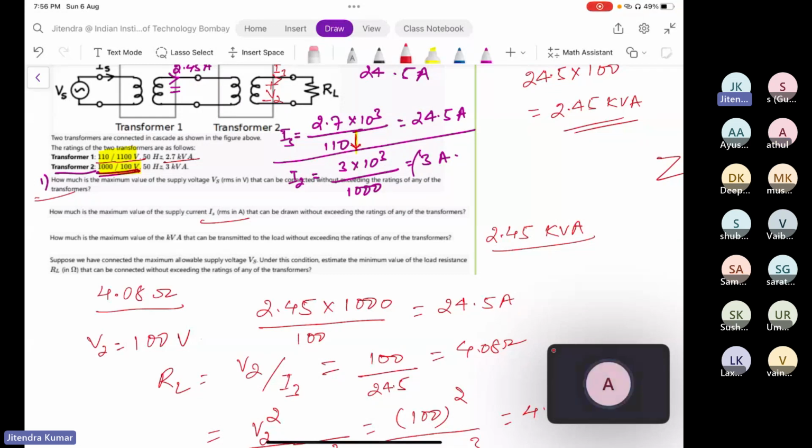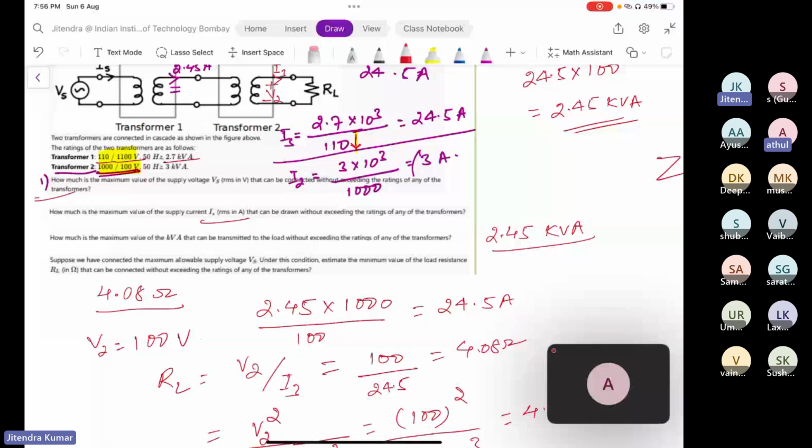Here we just multiplied the voltage we obtained from the first part, that was 100 volt, with the current we obtained in the second part, that was 24.5 amperes. We multiplied both and got 2.45 kVA.